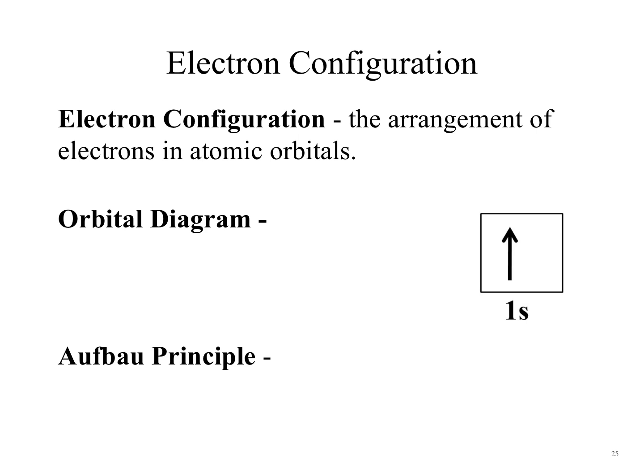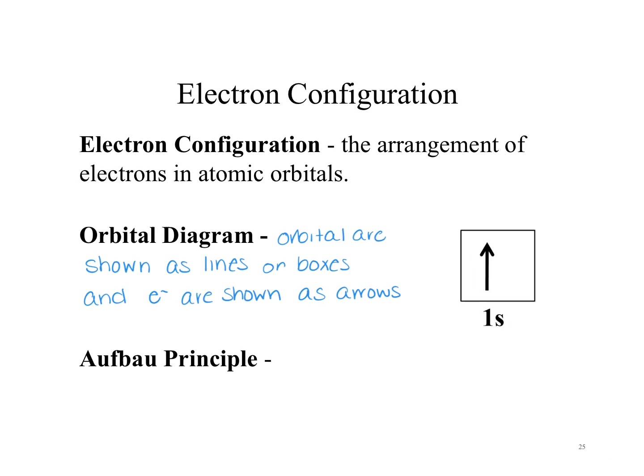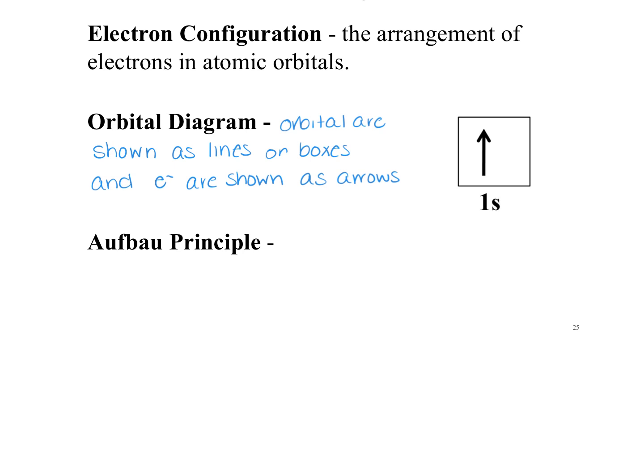One of the ways is an orbital diagram, where the orbitals are shown as lines or boxes, and the electrons are shown as arrows. Now, when we make these electron configurations or orbital diagrams, we have some rules that we have to follow.